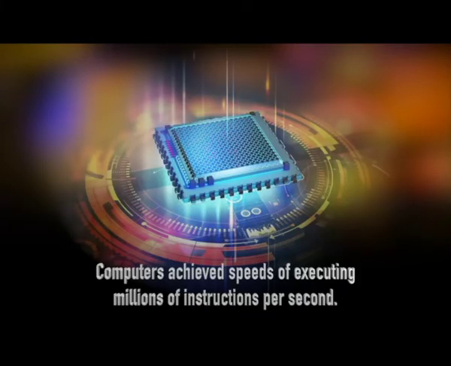Operating systems were designed which allowed the machine to run many different programs at the same time. Multi-programming was made possible, whereby the machines could perform several jobs at the same time. Computers achieved speeds of executing millions of instructions per second.